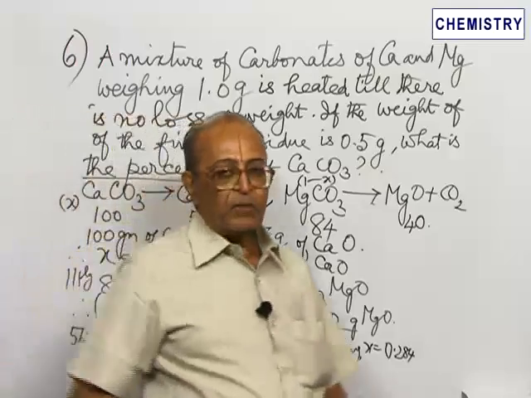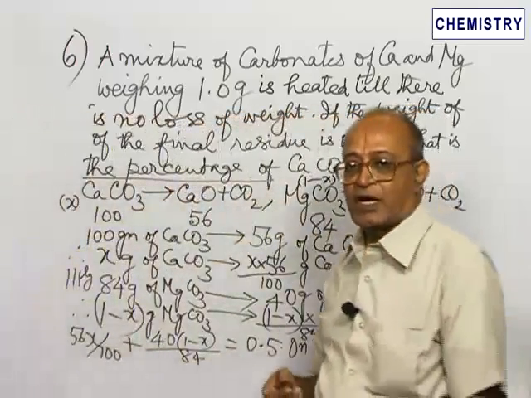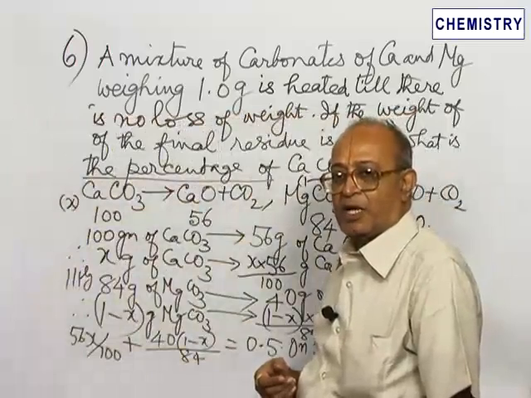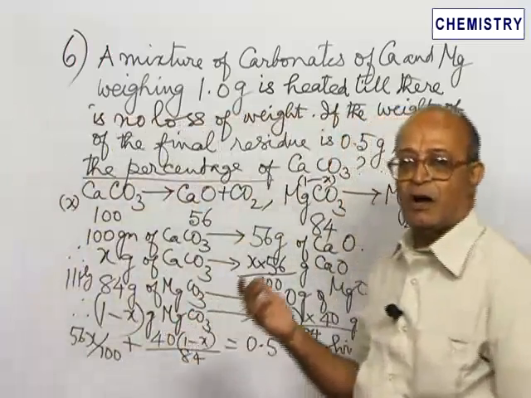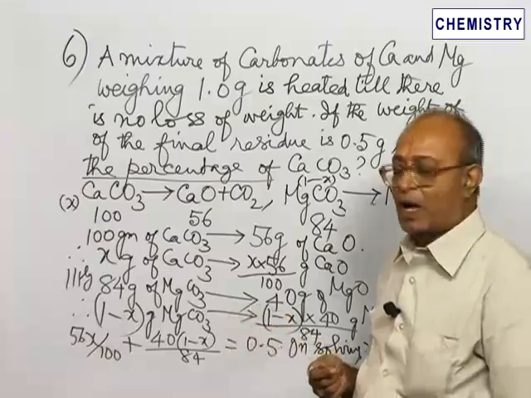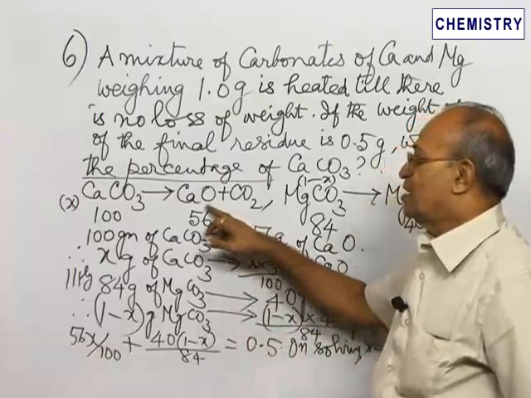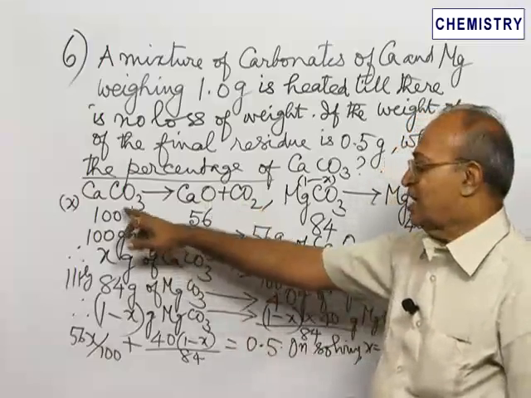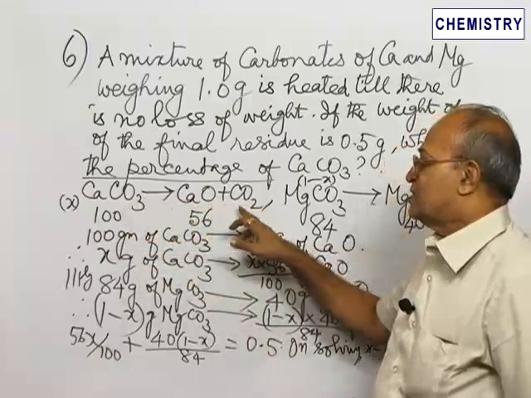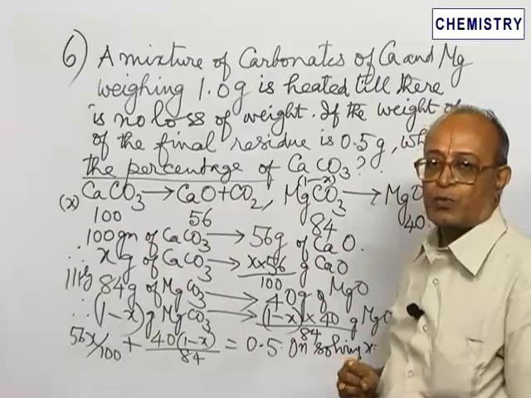Now here you should remember the reaction of a carbonate. A carbonate like CaCO3 or MgCO3 on heating will give these two products. CaCO3 on heating gives CaO and CO2.